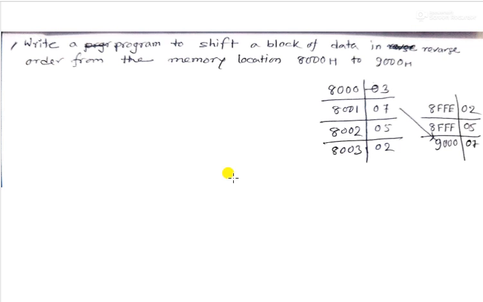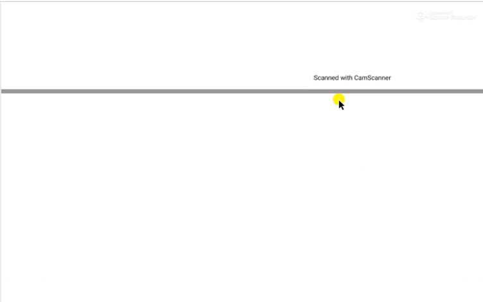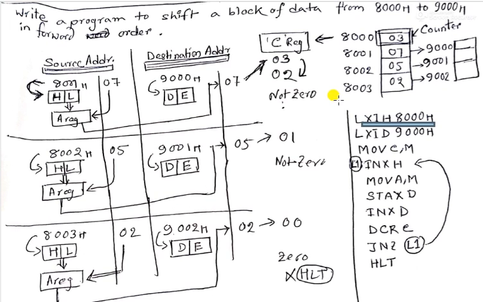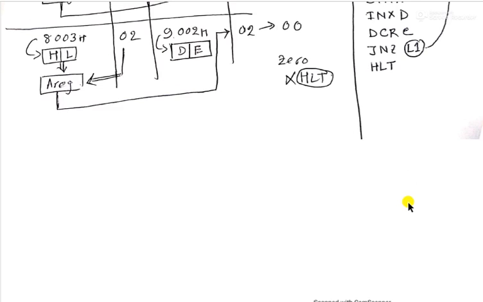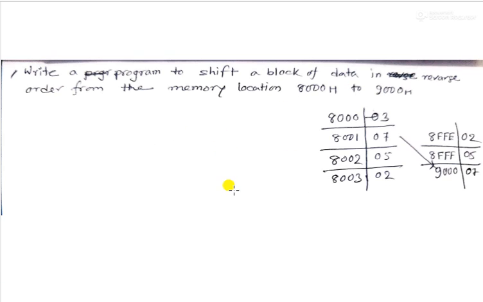This is your homework. If you do this program, then I will understand that you are able to understand this program. You have to change some instructions here for this program.